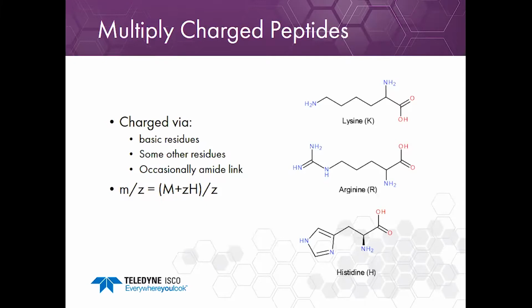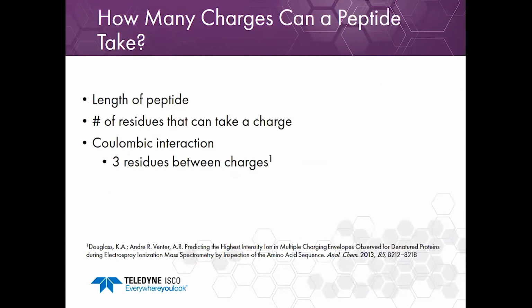One question that you might ask is how many charges can a peptide take? Obviously, it depends on the length of a peptide. Larger peptides can carry more charges on them. It depends on the number of residues that can hold a charge. And also, there's a coulombic interaction.